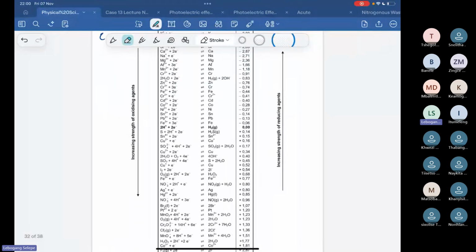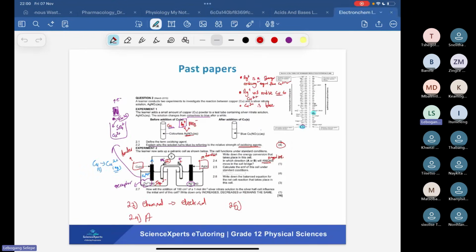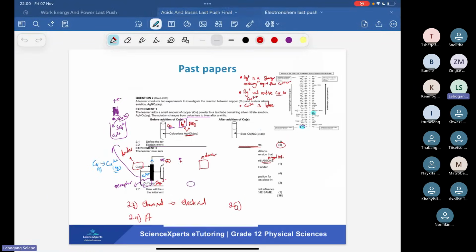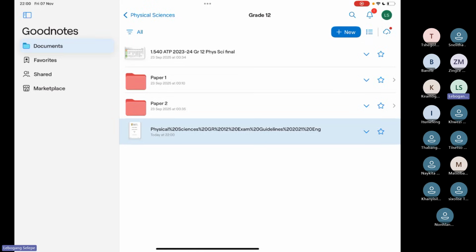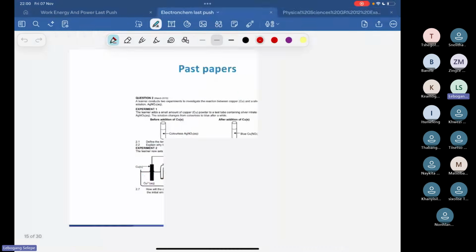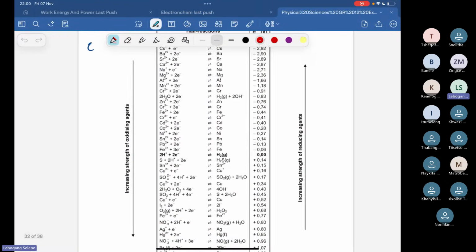So here we are using Ag and copper. Let me just go here.